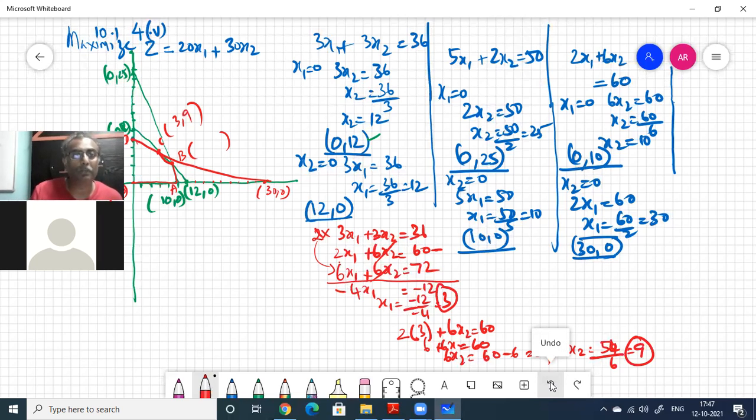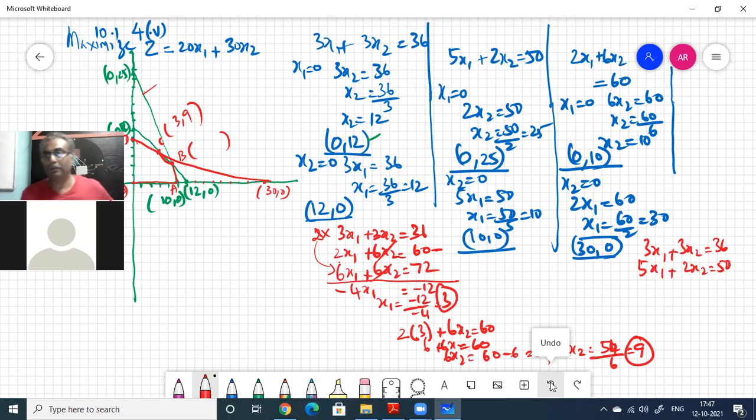Okay. Now how to get B? B is again the point where the line, which one is it? Okay. Again, 3x1 plus 3x2 is equal to 36. That line only. But that line is now cutting with this line, which is this line 0, 25 and 10, 0, 5x1 plus 2x2 is equal to 50.